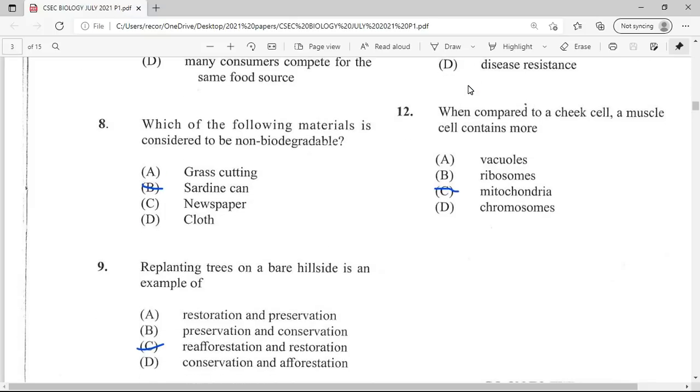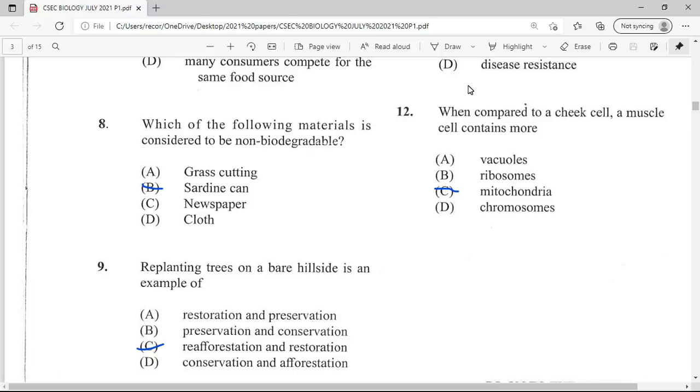Question number 9: replanting trees on a bare hillside is an example of. All right, very good. So we are looking here at restoration and preservation. We are looking here at preservation and conservation.